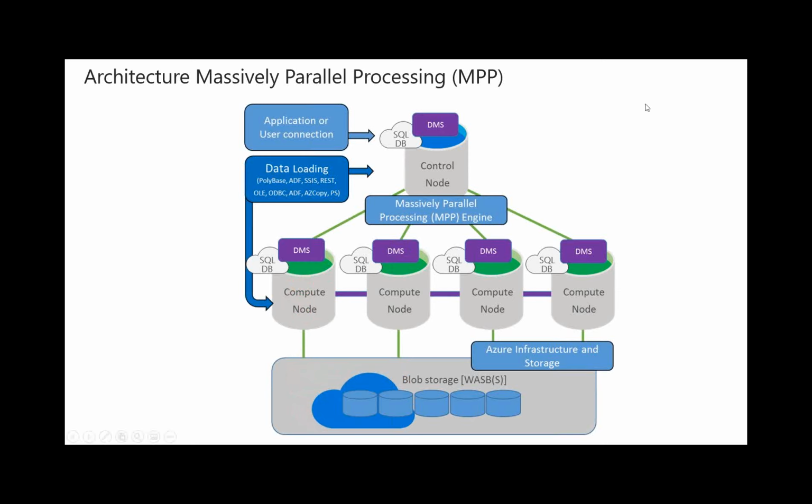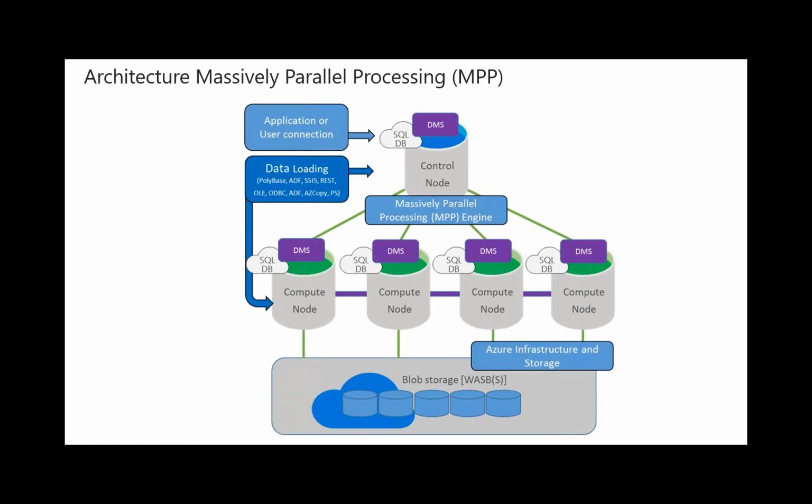So that means that when we receive a query through the control node, it's going to distribute the workload for that query across different compute nodes. And each compute node is going to perform some work on a specific part of the storage. So by distributing that workload across different compute nodes, the performance is going to increase a lot.